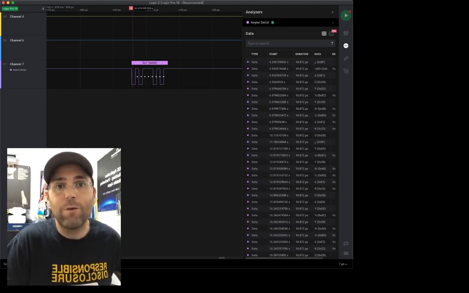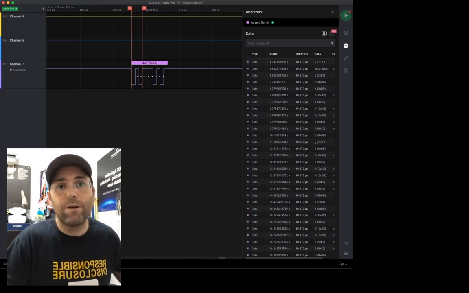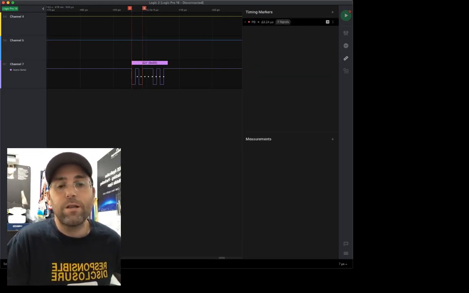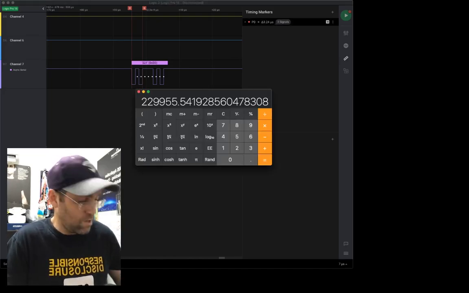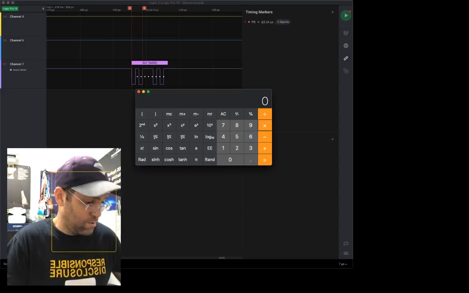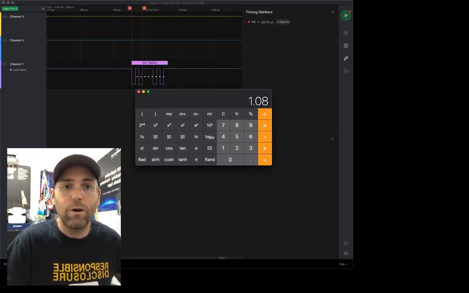So again, I'm opening up a time marker 1, 2, 3 for 3 signals, 3 transitions, and those 3 transitions are 3.24. Okay, so let's take the average of 3.24 divided by 3. This is 1.08.